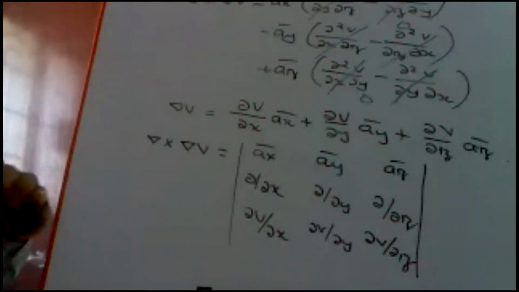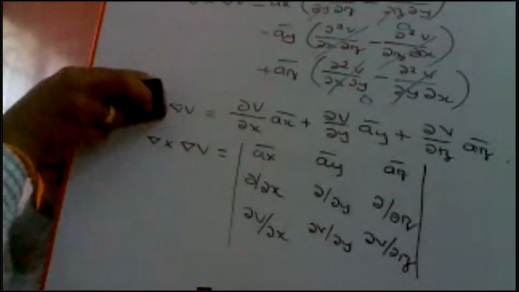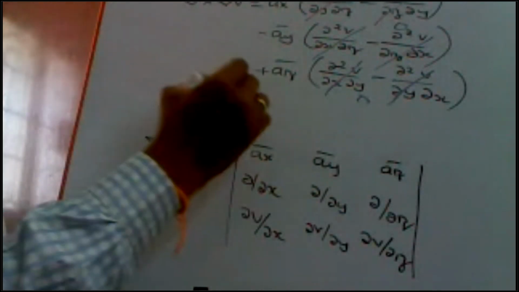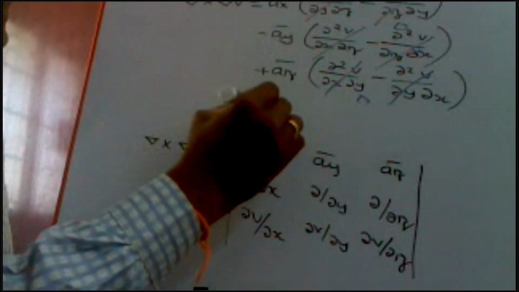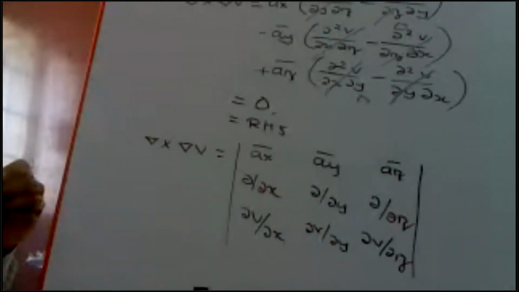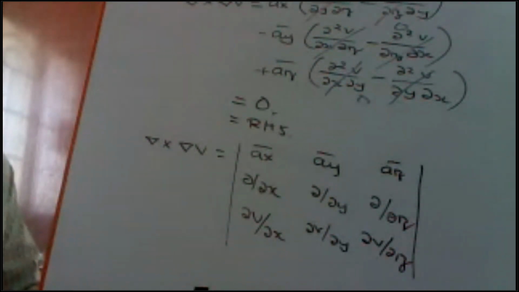So what is the final answer? The final answer is 0. So RHS has been reached. Hence the proof. Very simple proof. So this is also said to be a kind of null identity.